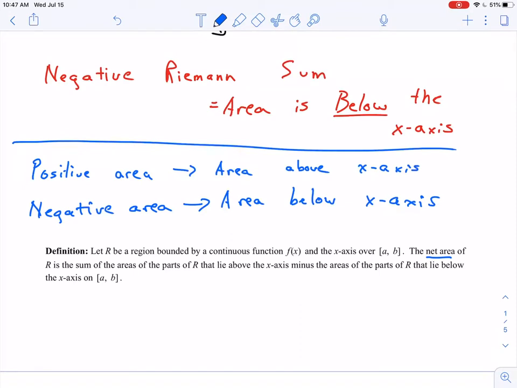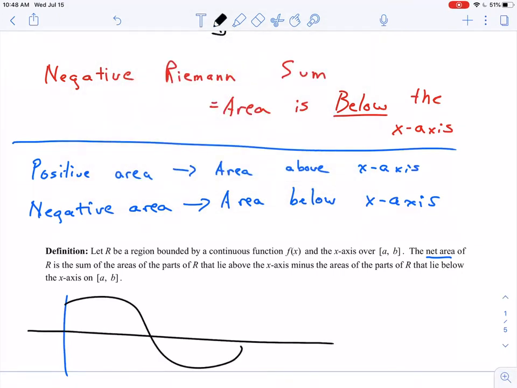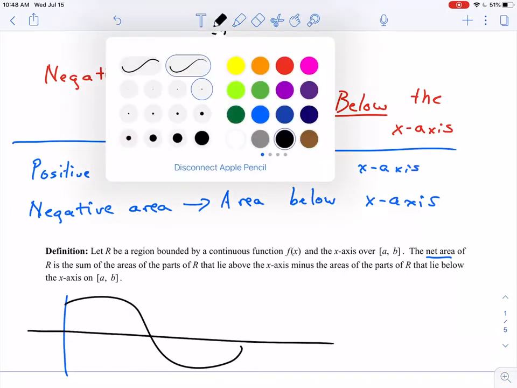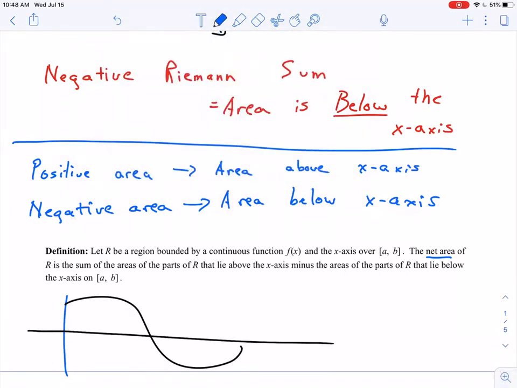So what that means is if I wanted to look at some function, and let me just draw in some function, let's say my function looks like this. And let's say I had a way to know the exact area. I knew that the area right here, let's say that is 5, and I know that this area over here is 3.